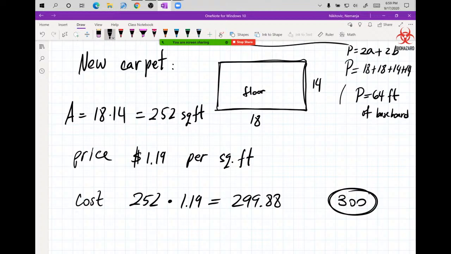Because we have to figure out how much this is. Usually about $1 per square foot, so it's going to be $64 there. Then those nails and things that they have, another $60 there maybe. So you're looking at $500, hopefully with tax, to replace the carpet for this room.